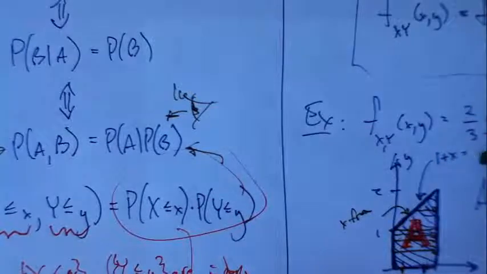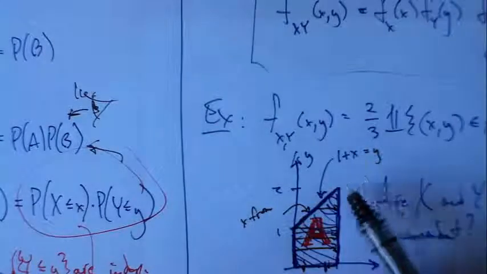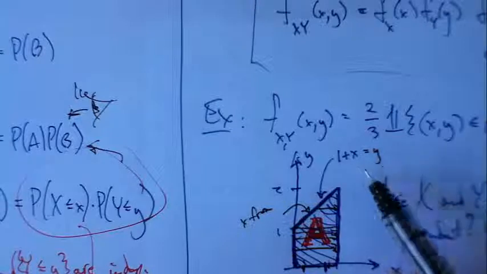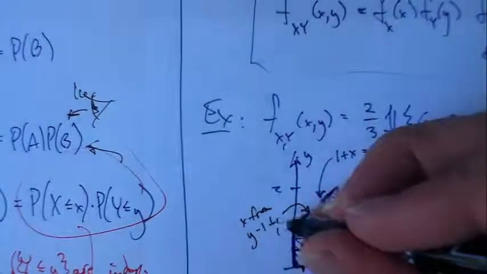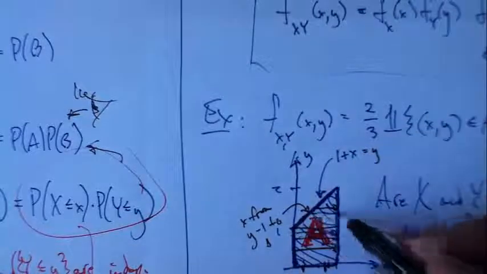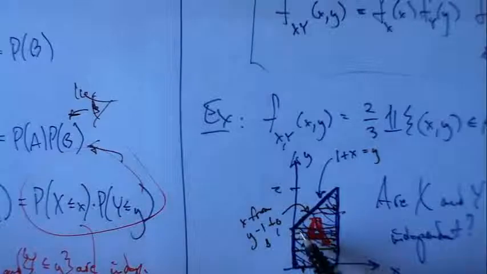What is this line? This is the line y equals 1 plus x. So x is actually going from y minus 1 up to 1 here. For example, if y is 1, then x is 0.